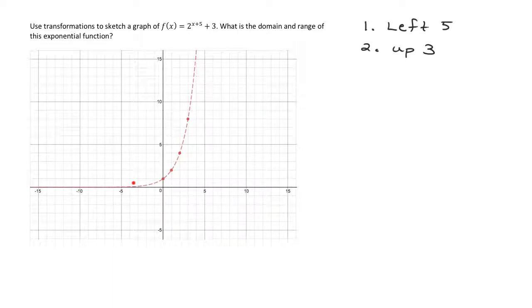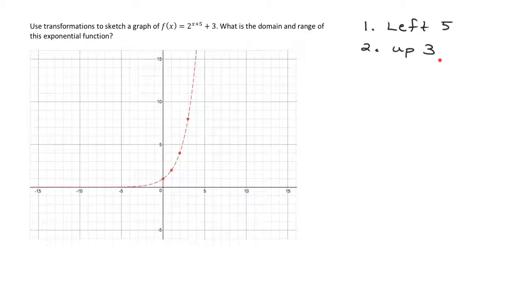So if you understand the function 2 to the x, that's what's graphed here in red, it's easy just to take a few points on the graph and move them through this process. So let's see. The first thing I'm actually going to do is say, well, 2 to the x, which is graphed here, still has this horizontal asymptote of y is equal to 0. If we move it left 5, that doesn't change the horizontal asymptote.